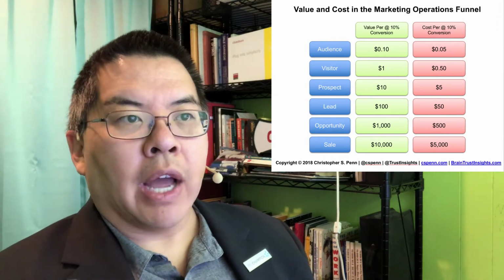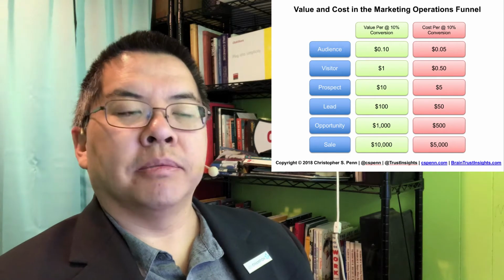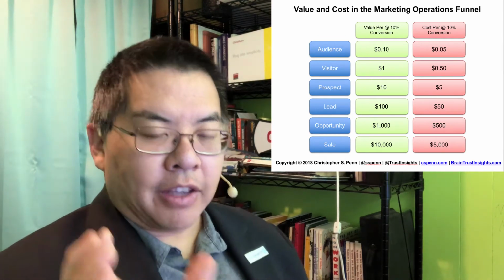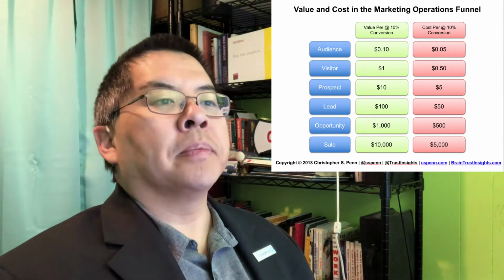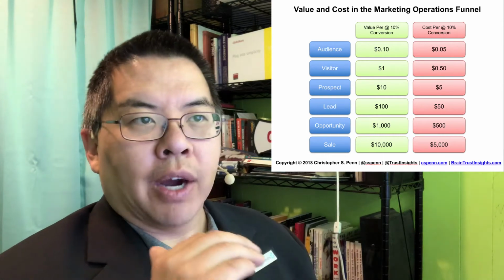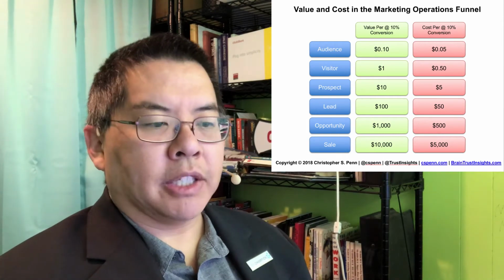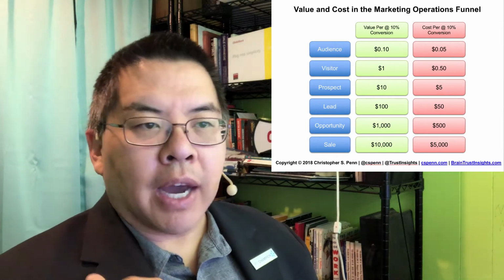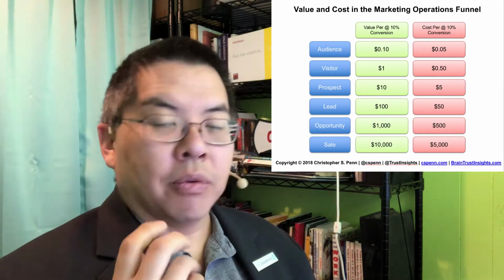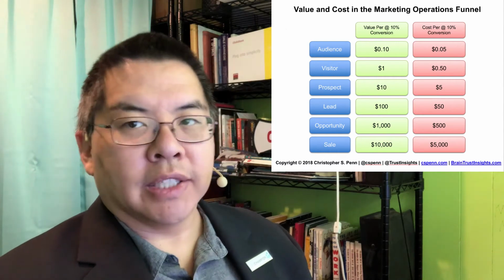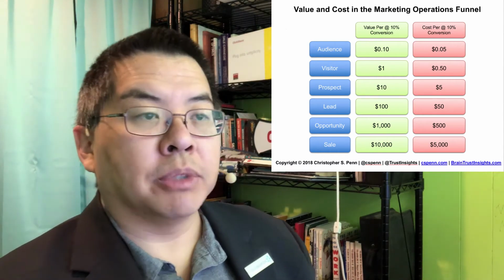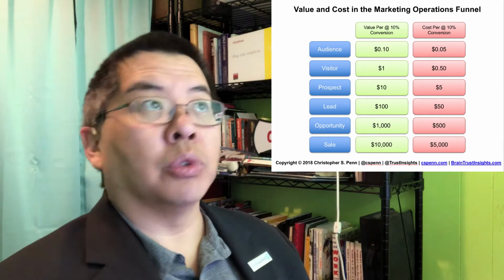You now know how much budget you need because you have to take that customer acquisition cost for one customer. It costs you $5,000 to acquire one customer. It costs you $50 to acquire those 100 prospects. If you have clarity on what it costs for each prospect, each opportunity and each sale in your marketing operations funnel, then the only question, when it comes to setting a budget, is how much of the goal do you want?